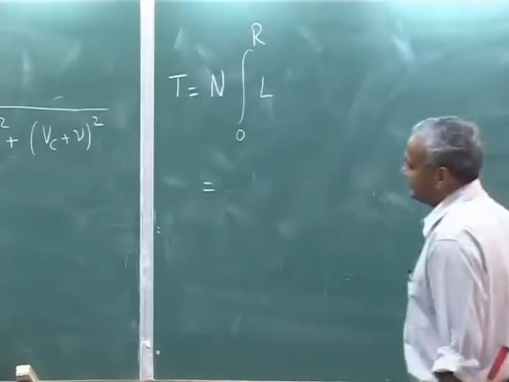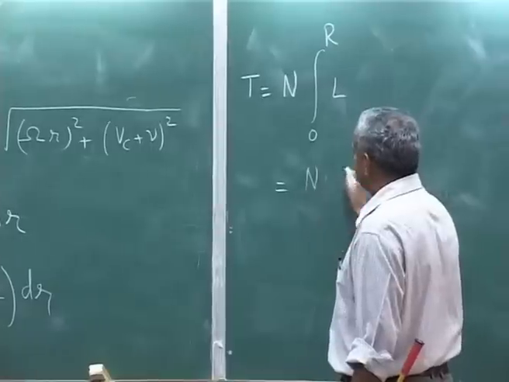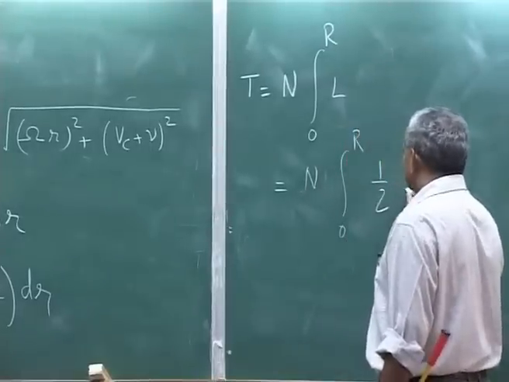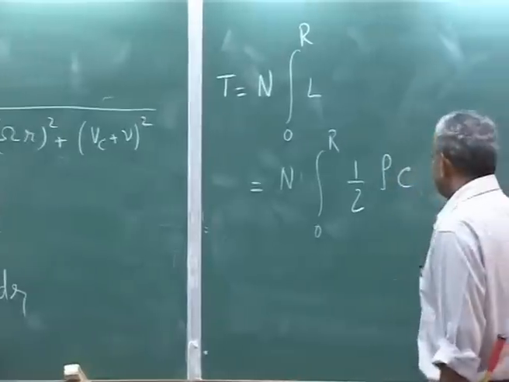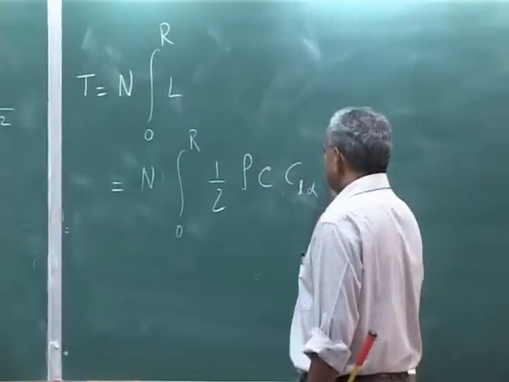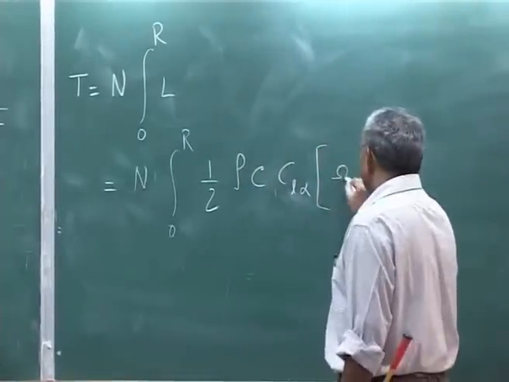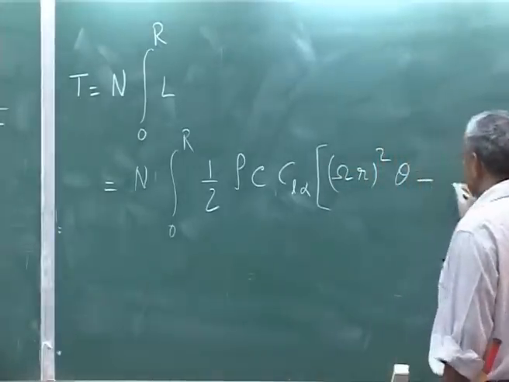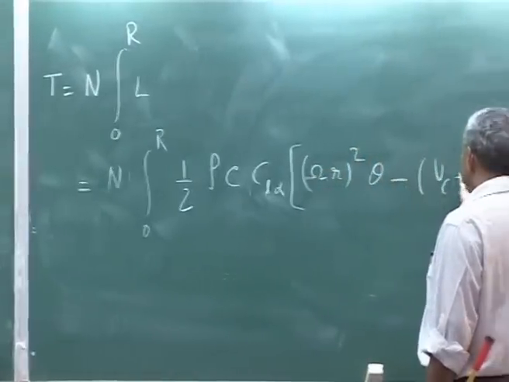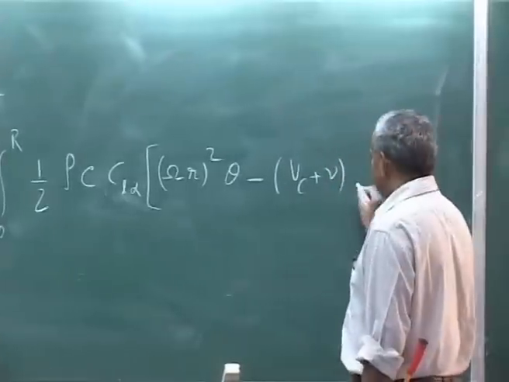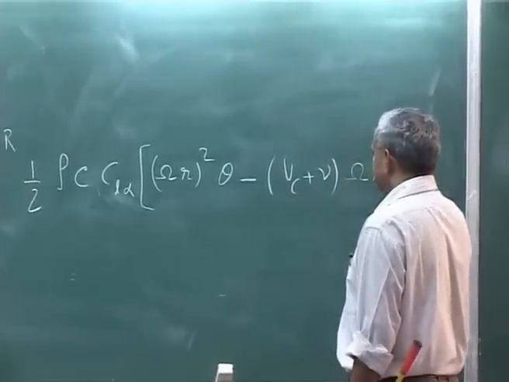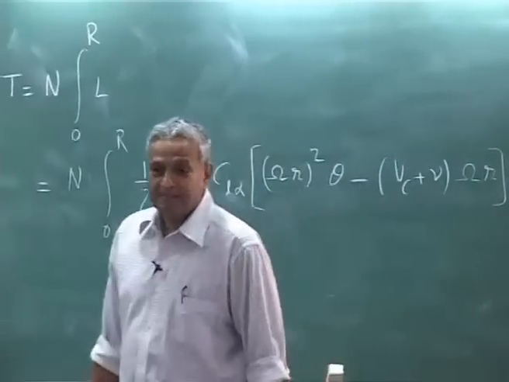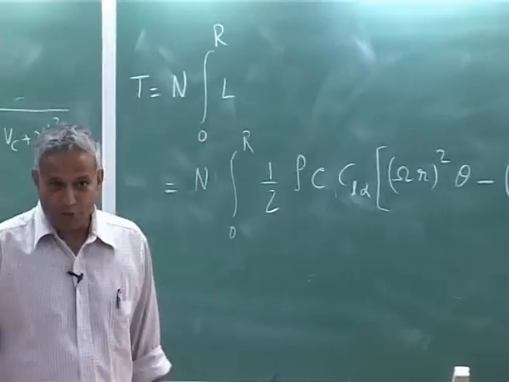So, you will have the integral from 0 to R of half rho C CL alpha (omega r) whole square into theta minus, up is V climb plus nu, and Ut is omega r, into dr. This is my thrust, the rotor thrust.